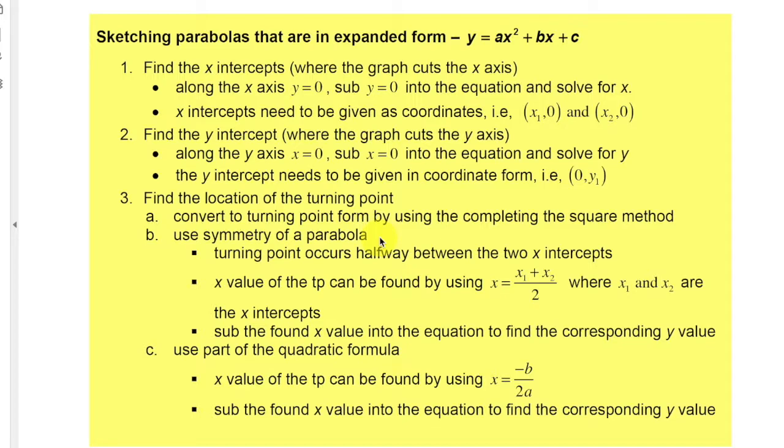With the symmetry of the parabola, the turning point occurs halfway between the two x-intercepts. So to find that, x1 plus x2, where they are the x-intercepts, divided by 2, and that will give you your turning point, and then of course substitute that into the original rule to get the corresponding y value.